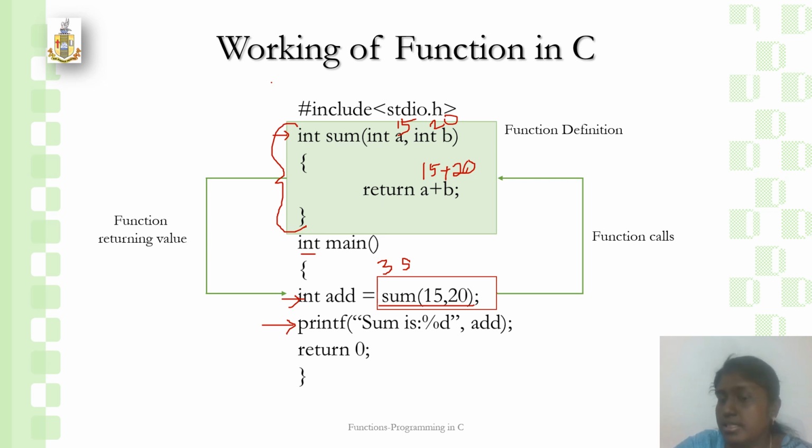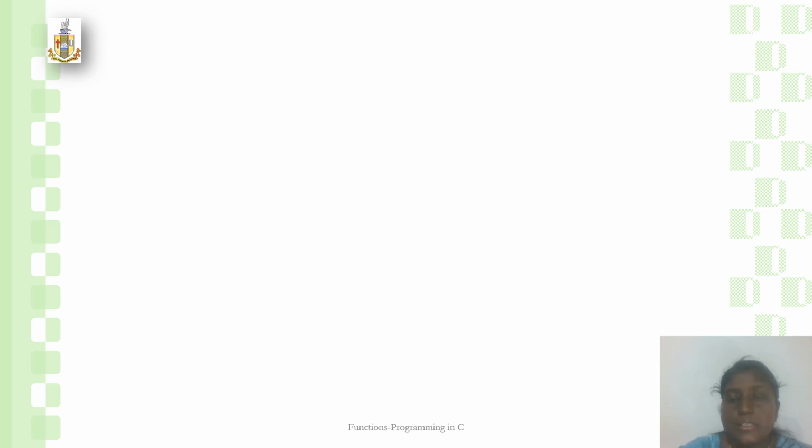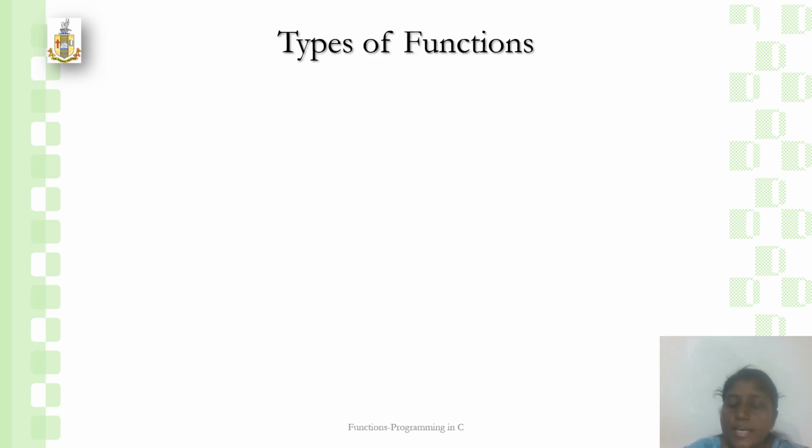Percentage d is the format specifier for the integer type of data. Since it is an integer type of value, we are using percentage d, comma add value will be substituted here, and return 0. So now the output will be 35.